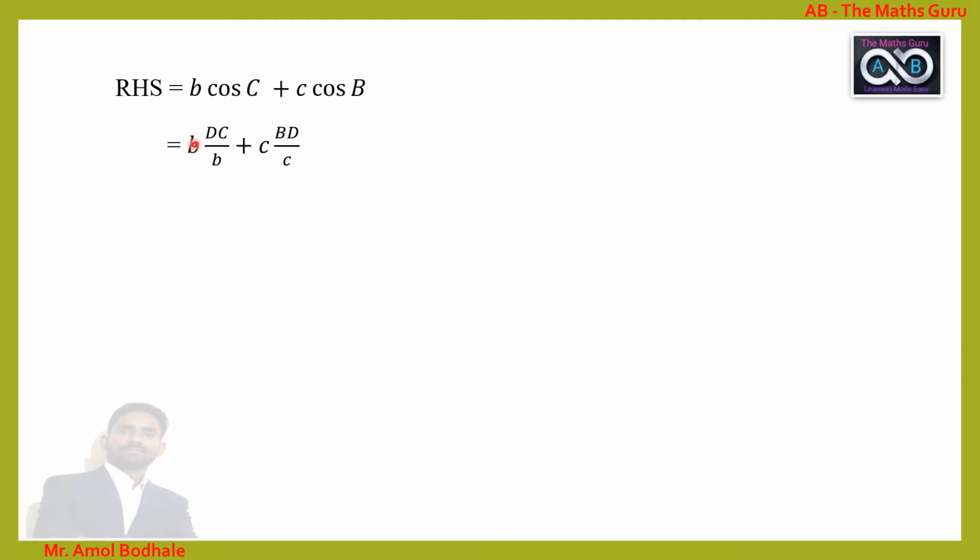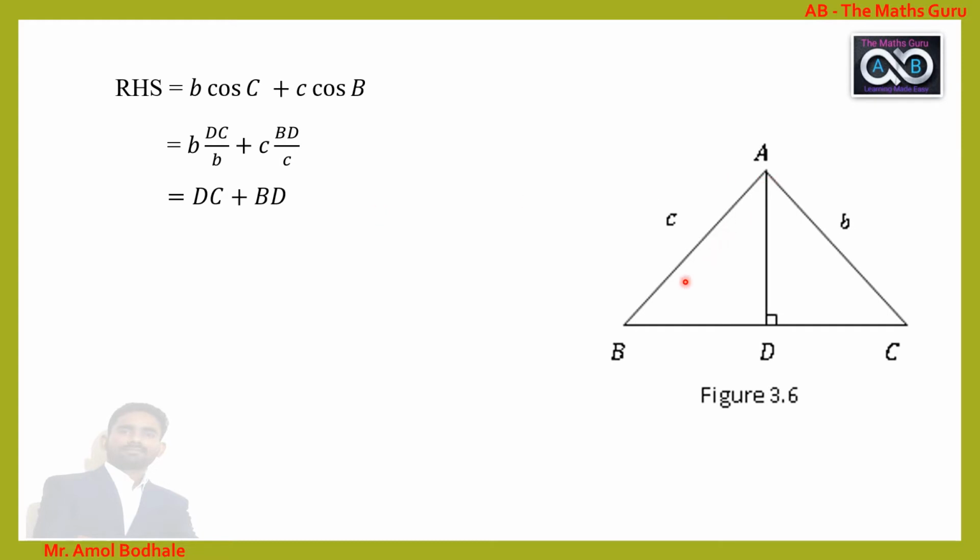Here we can cancel b as well as c from numerator and denominator. So we'll get DC plus BD. In the given figure, we can observe DC and BD are collinear and DC plus BD is exactly side BC. So it is BC, and here BC is the opposite side of angle A. So it must be small a.